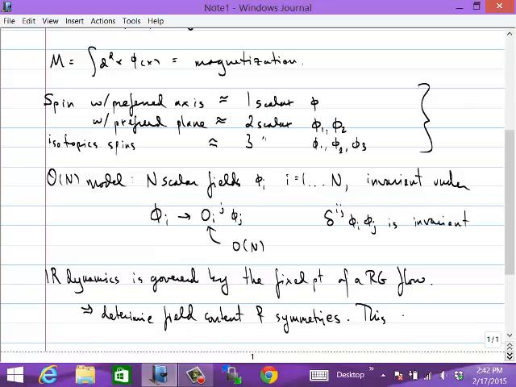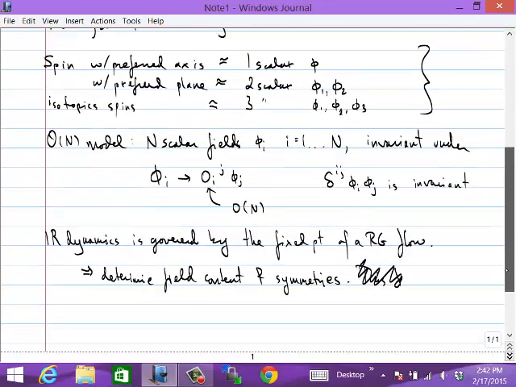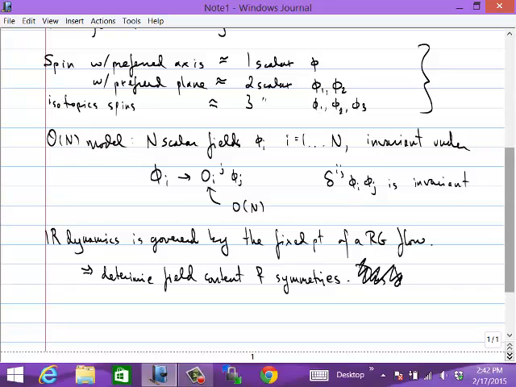So, in particular, one of the most interesting things about this way of thinking about condensed matter physics is that the same fixed point can actually describe many sorts of different systems.